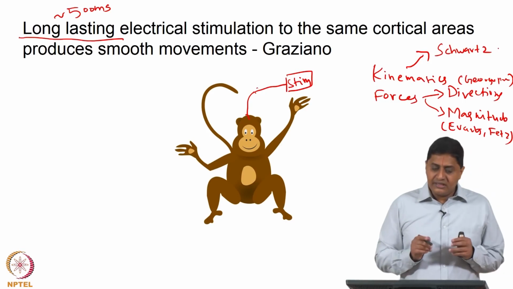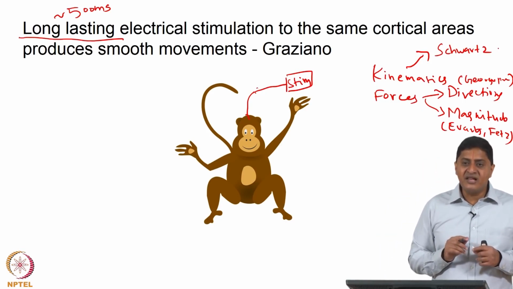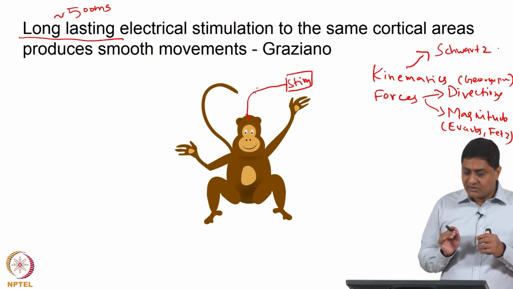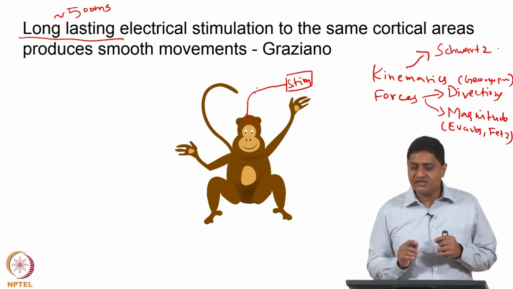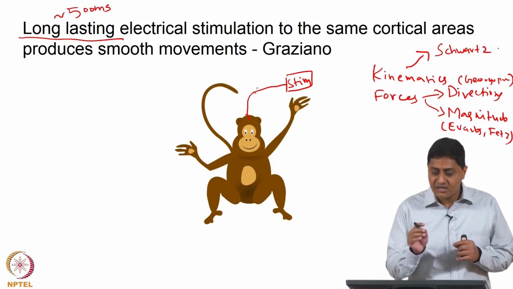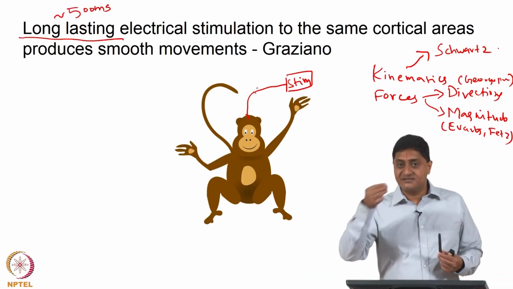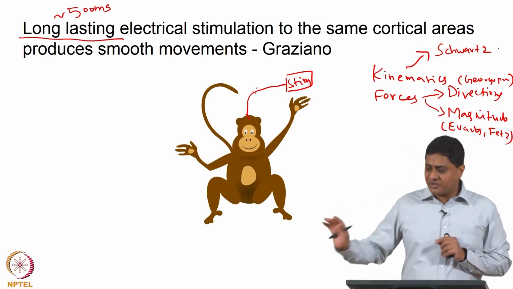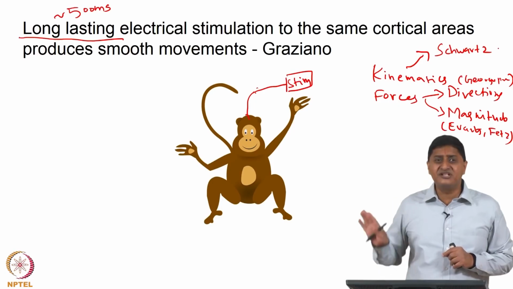Note, in this case stimulation produces well coordinated movements of multiple joints. In other words, movements are not necessarily activity of individual muscles, but when you are talking about a movement such as this, for example, or such as that, this movement involves activity over several joints.